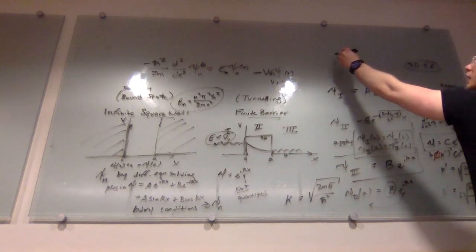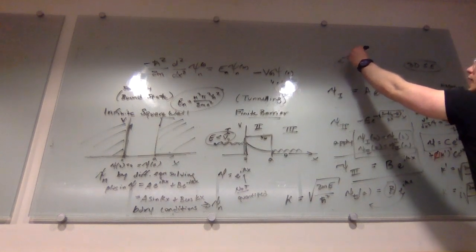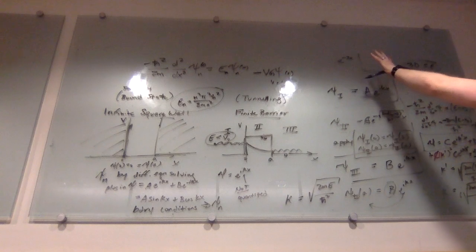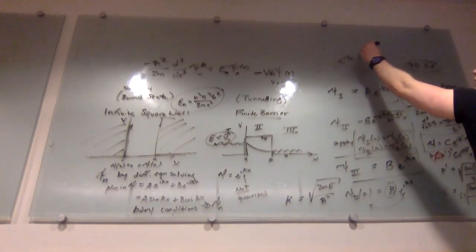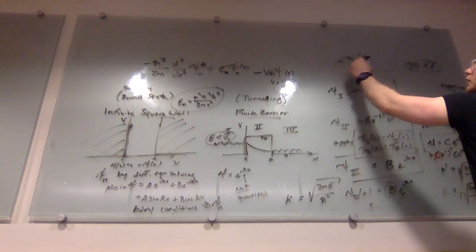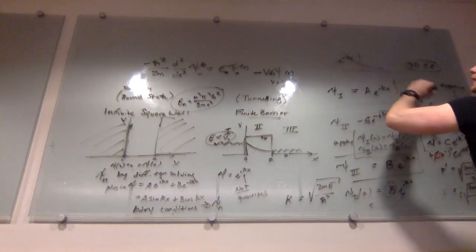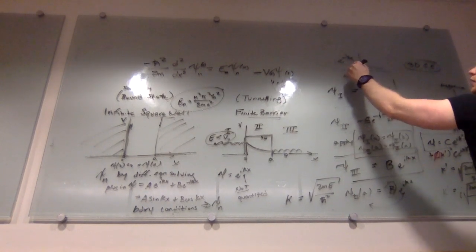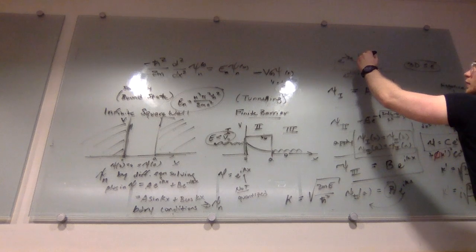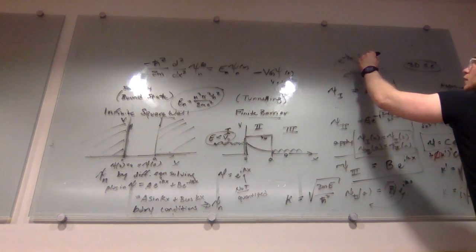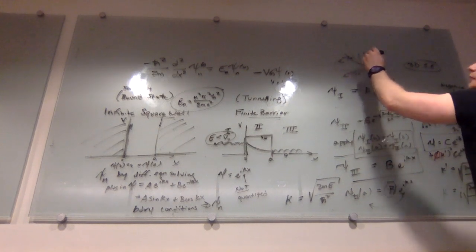So if we do e to the minus 2x, this is just a math detour. E to the minus 2x looks like that. And e to the minus 100x looks like, okay, I'm not doing this very well.